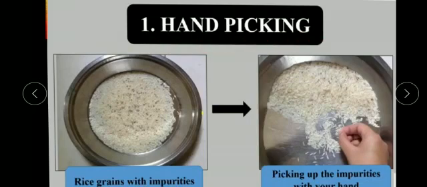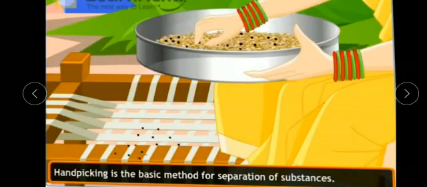What is handpicking method? We will learn now. These are rice grains with some impurities. Now, to remove the impurities, what will you do? You will pick up impurities by your hand. You have seen your mother doing this almost every day.